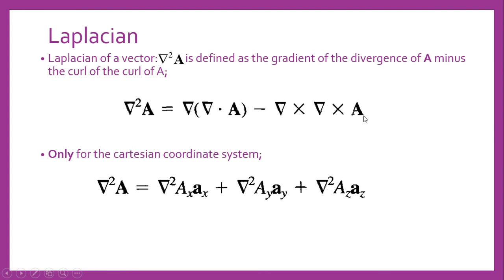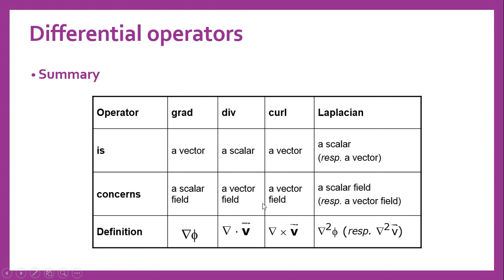By using this identity, we can solve the problem easily. So del square A is the gradient of divergence of A minus curl of curl of A. Only for the Cartesian coordinate system can we express this with components ax, ay, az. For Cartesian alone this will work out.